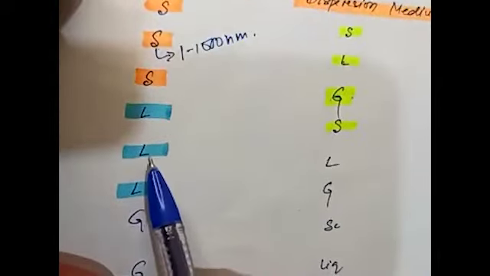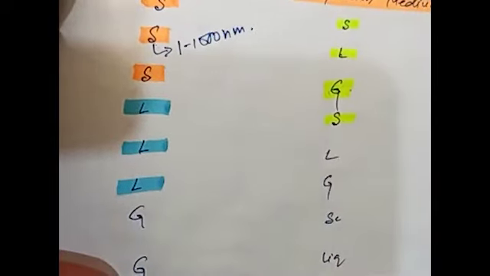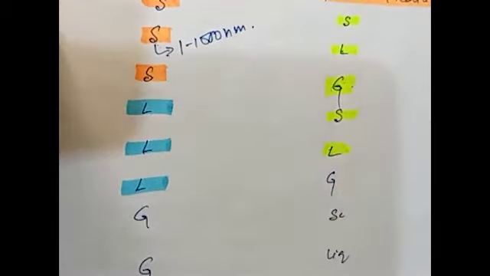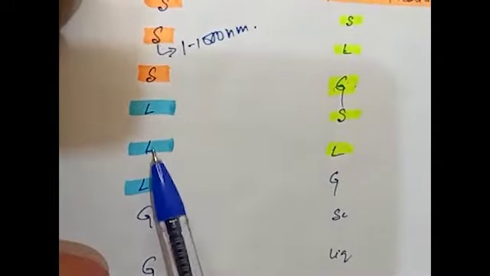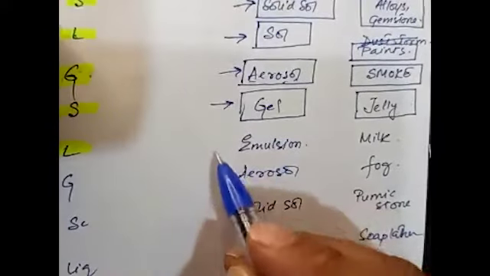When the dispersed phase is a liquid and the dispersion medium is also a liquid, liquid in liquid, the best example is paint. So when liquid and liquid mix together, they are known as emulsions.